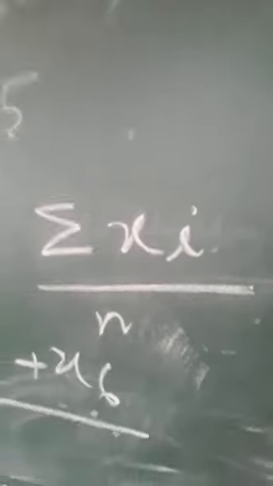As we are aware, the formula is x bar, the symbol of mean, equal to summation xi divided by n. This symbol is called sigma.